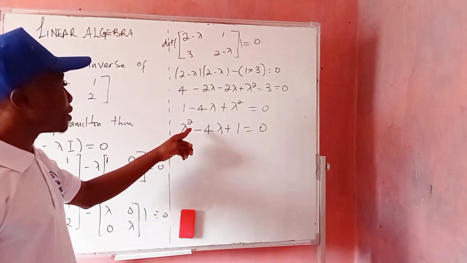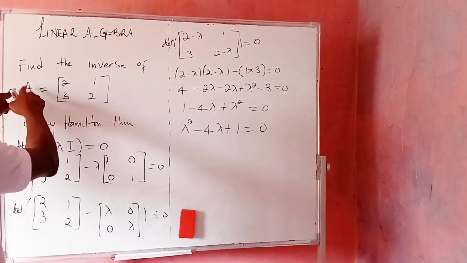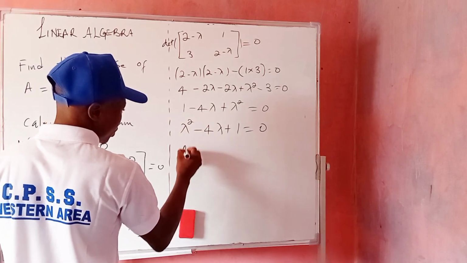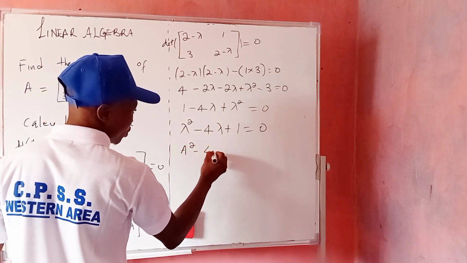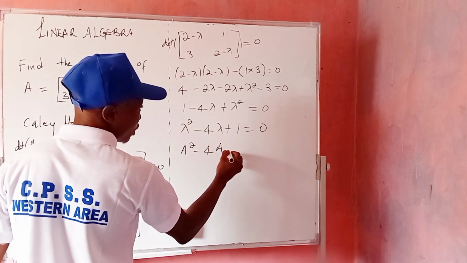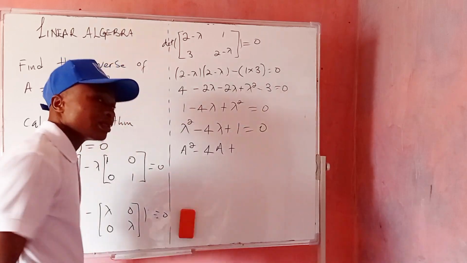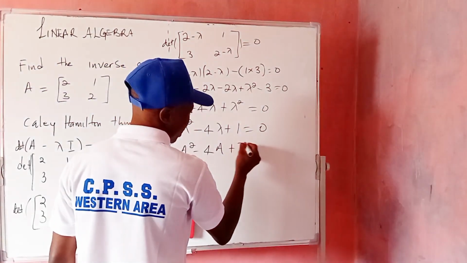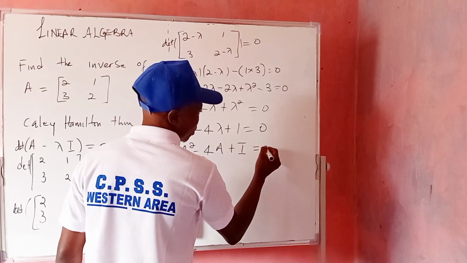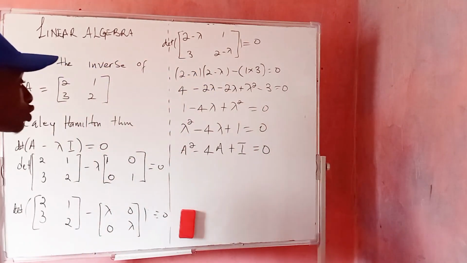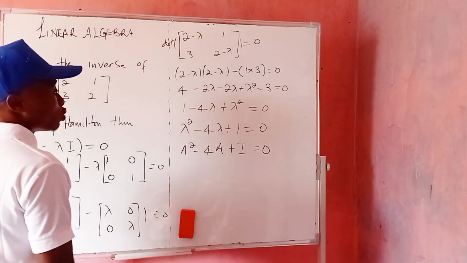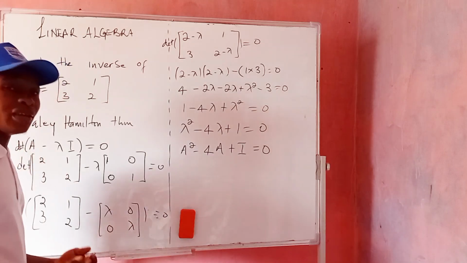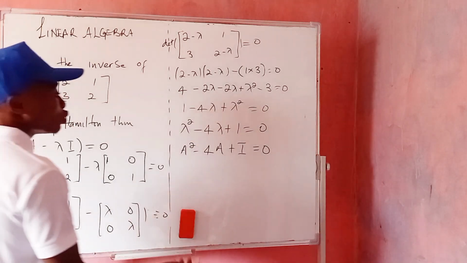Now we are going to replace lambda with the matrix A. So we say A squared minus 4A plus the identity matrix equals 0. So we want to find A inverse. So what are we going to do?